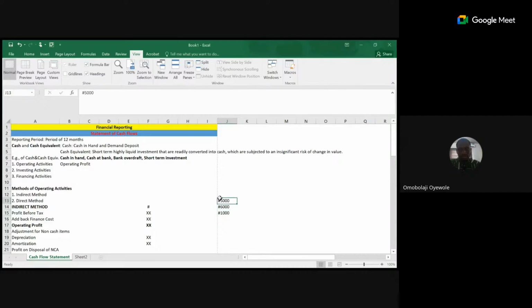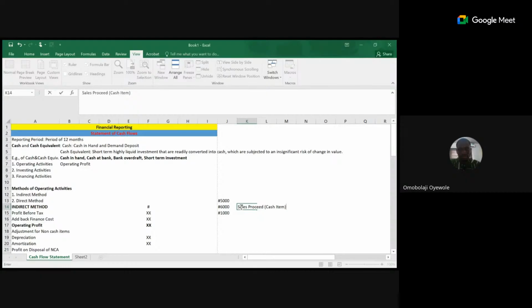Now, the net book value as at the end of the reporting period is 5,000. The 6,000 is the sales proceeds, and this is a cash item, because it is the amount we receive when we dispose of that non-current asset.